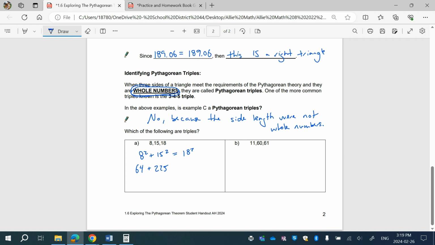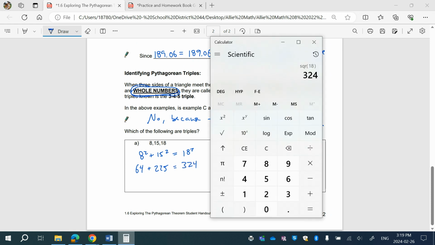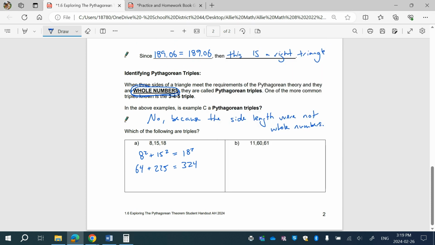I'm adding up our left-hand side here, our 8 squared and our 15 squared. So 225 plus 64, what does that equal? 289. And that does not equal 324. So that is not a Pythagorean triple.